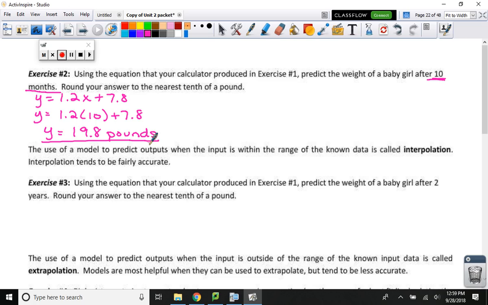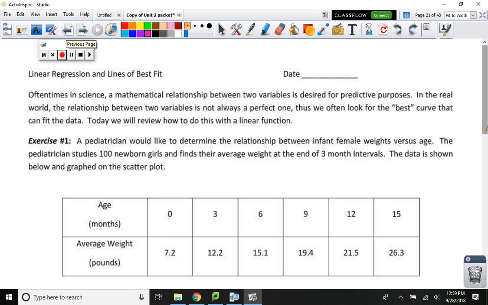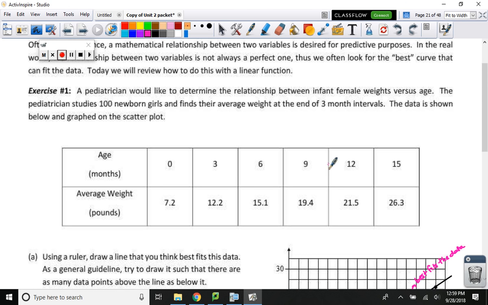So that particular weight, if you go back and look at your table, 10 months was not actually on our chart, right? So we used the equation to help us make a prediction as to how much the baby would weigh at 10 months.